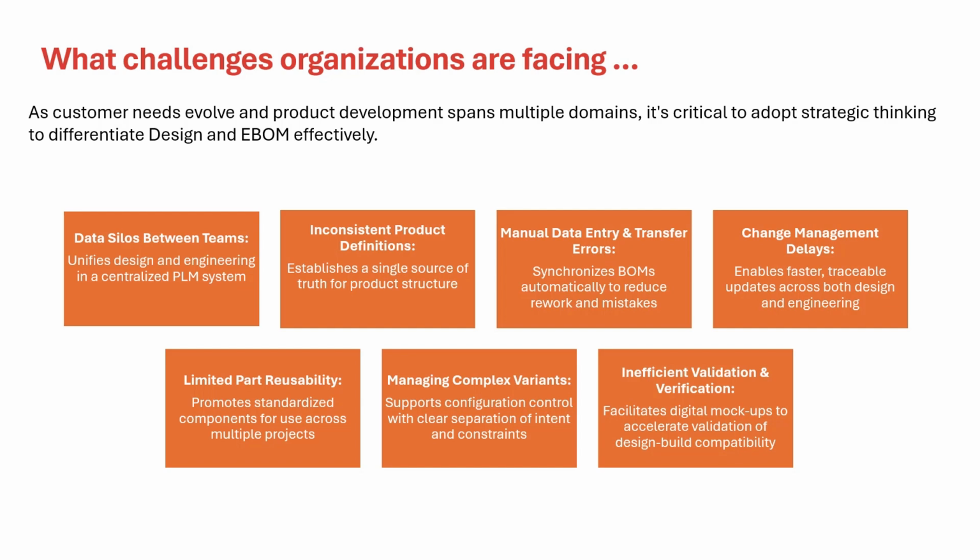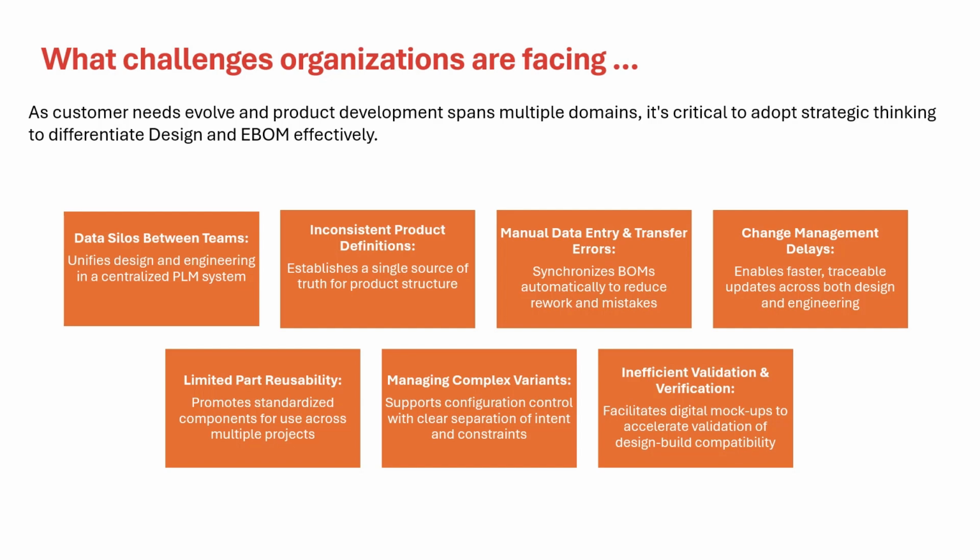Then, the delay in propagating change across teams can slow down development. A connected system enables faster and traceable updates across both design and engineering BOMs, improving responsiveness and accountability. Some organizations have complex variants.